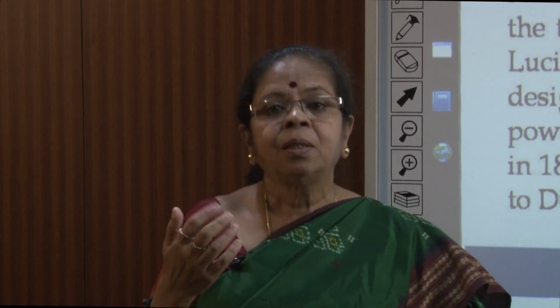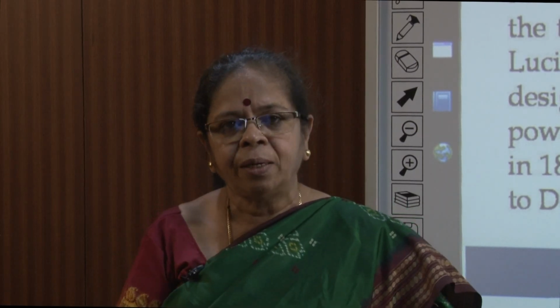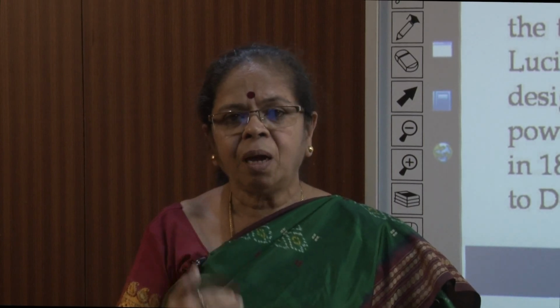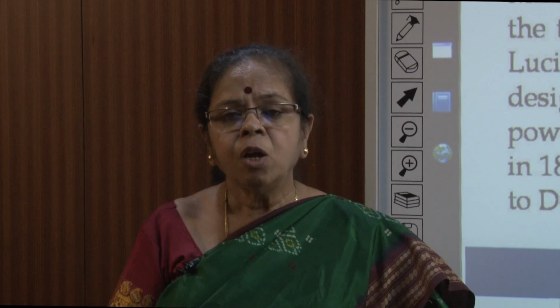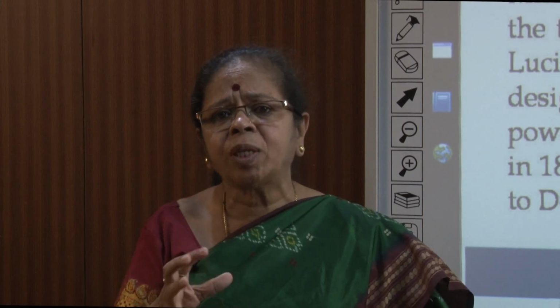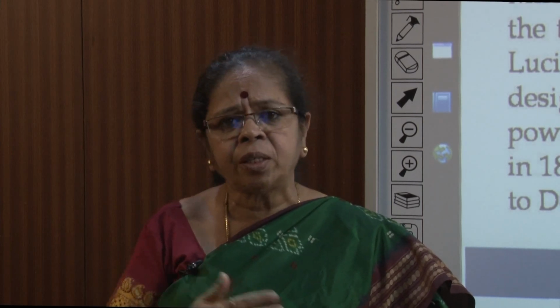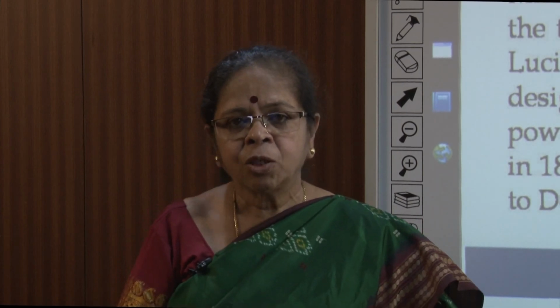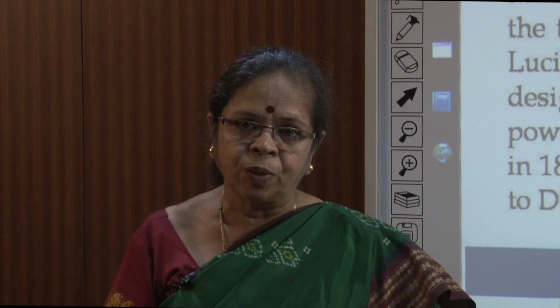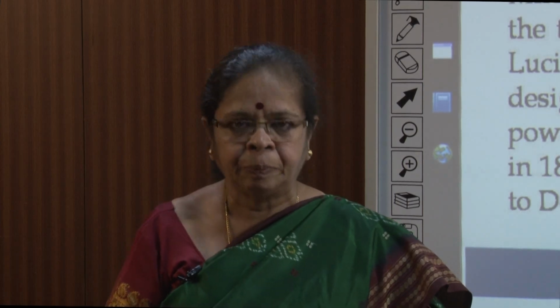N1 is the number of turns on the primary and N2 is the number of turns on the secondary, right? So by just playing around with the number of turns, you can have different voltage levels, stepping up and stepping down. So this was one of the first inventions in favor of AC.